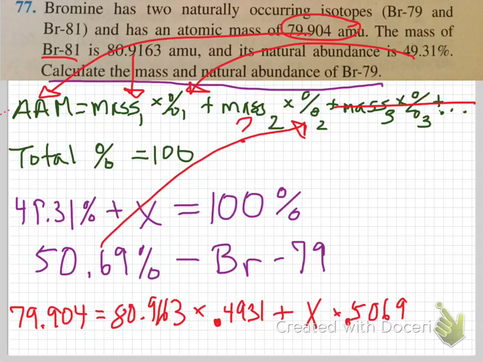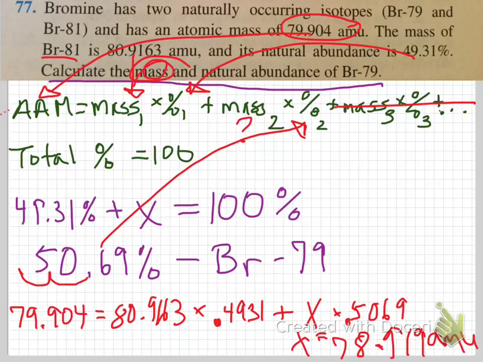So when we plug it in, we get the equation at the bottom. I want you to notice that since this is a percentage, we need to move the decimal place over 2 spots when converting it into a decimal. So that's why I have 0.4931 and 0.5069. So all we're doing is solving for x. And hopefully when you solve for x, you get 78.919 AMU. And remember, it's AMU because it is the mass. We are calculating the mass of bromine 79, which is very close to 79, so that's a good sign.